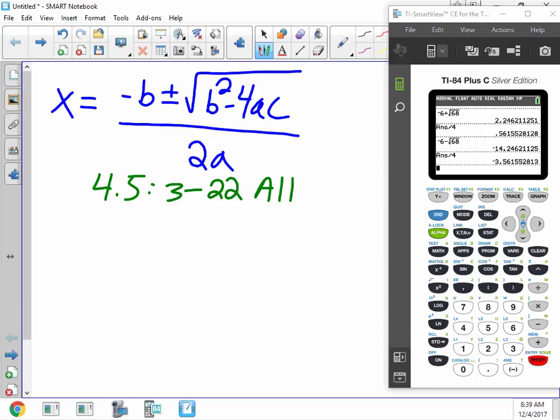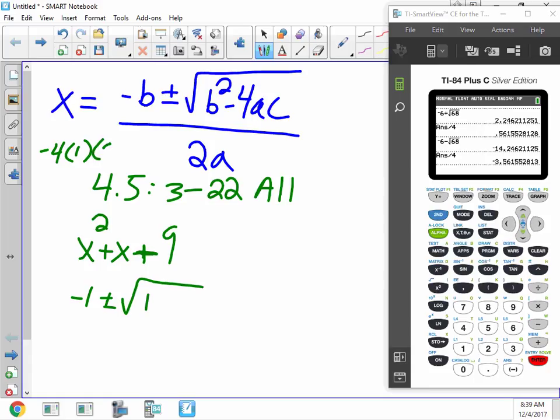What happens if I have this? Let's say I have x squared plus x plus 9. Well, I'm going to plug these into the equation. Negative 1 plus or minus the square root of 1 minus 4 times 1 times 9, which is minus 36, over 2.